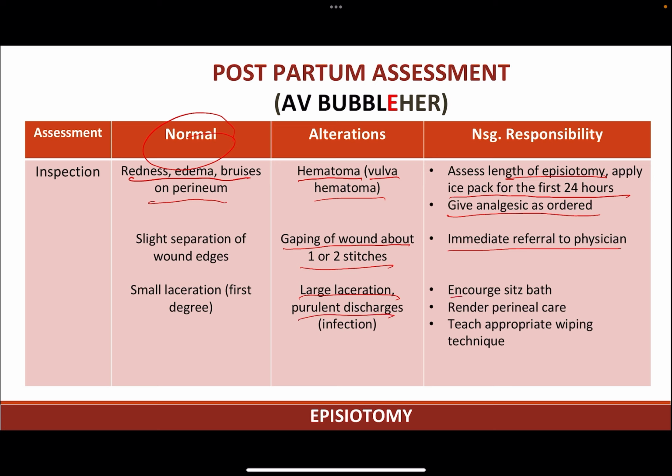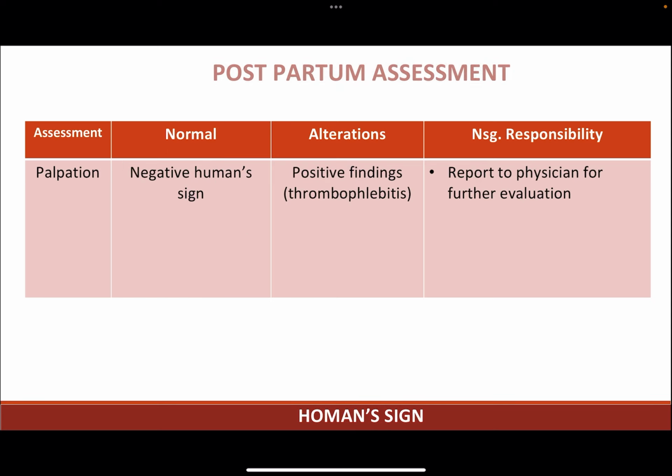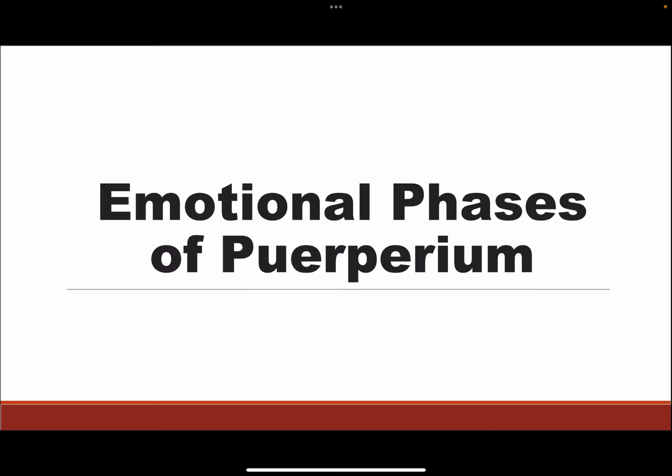Then encourage sitz bath, render perineal care, and teach the appropriate wiping technique. And also in the Homan's sign, we have to palpate for positive findings. If there are positive findings, we have thrombophlebitis. You may report to the physician for further evaluation.